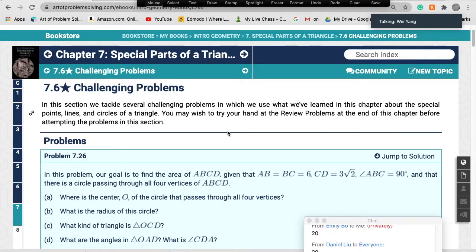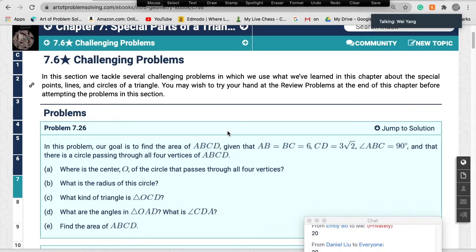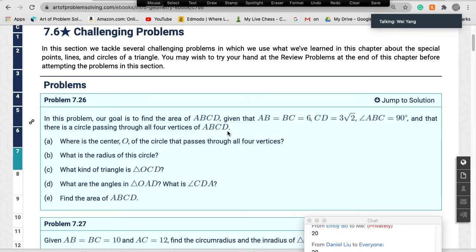These three center point of a triangle proving problems are very difficult. Now let's see what problems we can solve here.